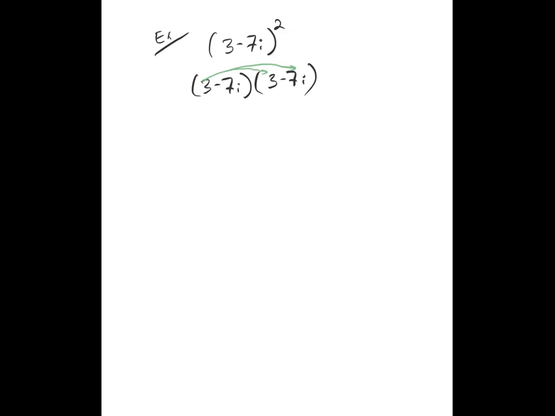So we get 9 minus a what? 21i. And then we also distribute this negative 7i to both of them, which gives us a negative 21i, and negative times negative is positive, positive 49i to the power of 2.